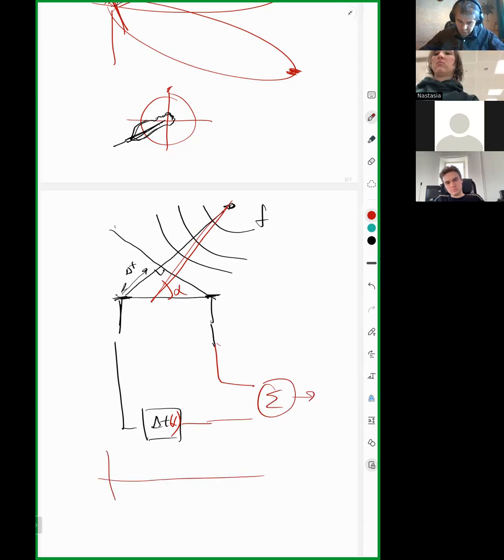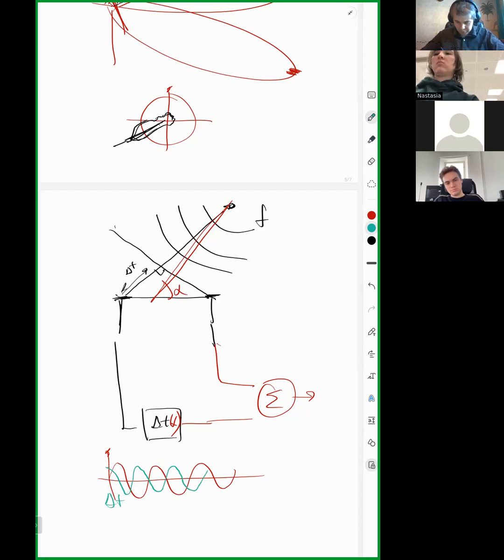If you assume that the time series from the first sensor is some harmonic this way, on the second sensor you will have a different harmonic, which has the same frequency, but let's say it's shifted by delta t.